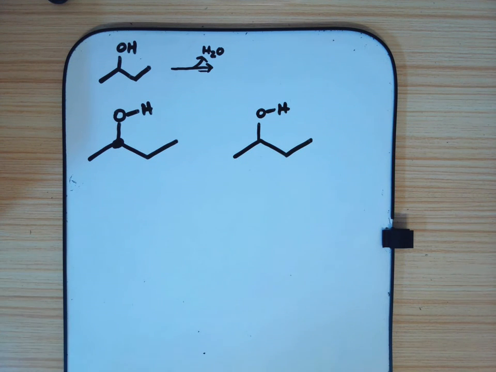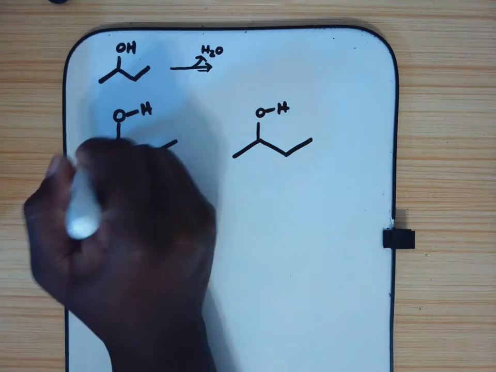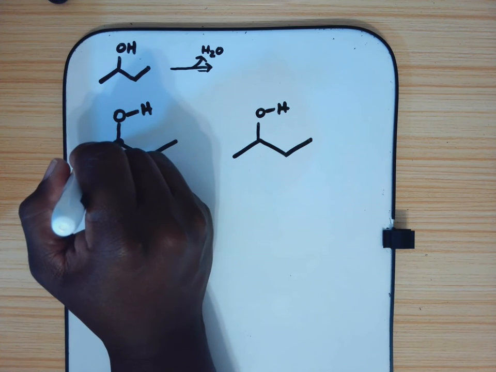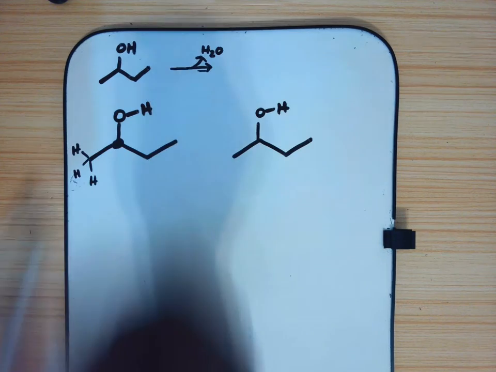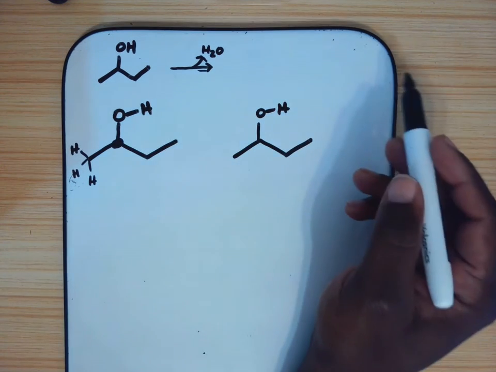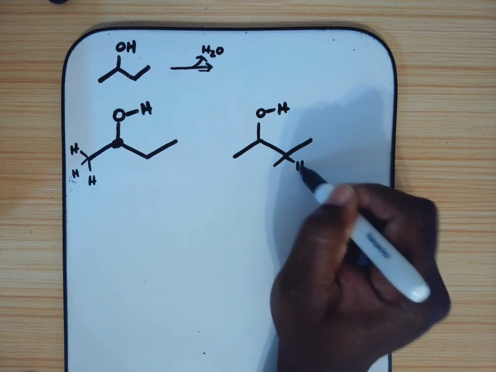The carbon where your alcohol functional group is always going to lose the OH. But then one of the carbon atoms next to it would lose a hydrogen. If we look at carbon 1, we see that carbon 1 only has one bond, so we know that this carbon has 3 hydrogen atoms. If we look at carbon 3, it has 2 bonds, so we know that it has 2 hydrogen atoms.